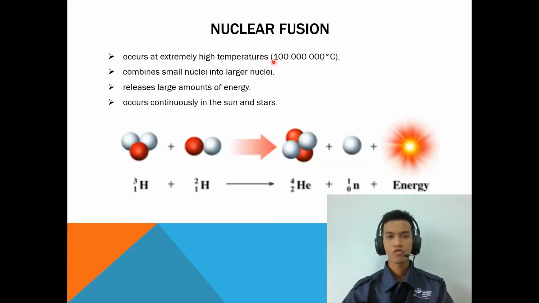Nuclear fusion occurs at extremely high temperature, 100 million Celsius, combining small nuclei into large nuclei, releasing large amounts of energy, and occurs continuously in the sun and the stars. As we can see, this is the picture and this equation. Hydrogen will become helium, neutron, and energy.